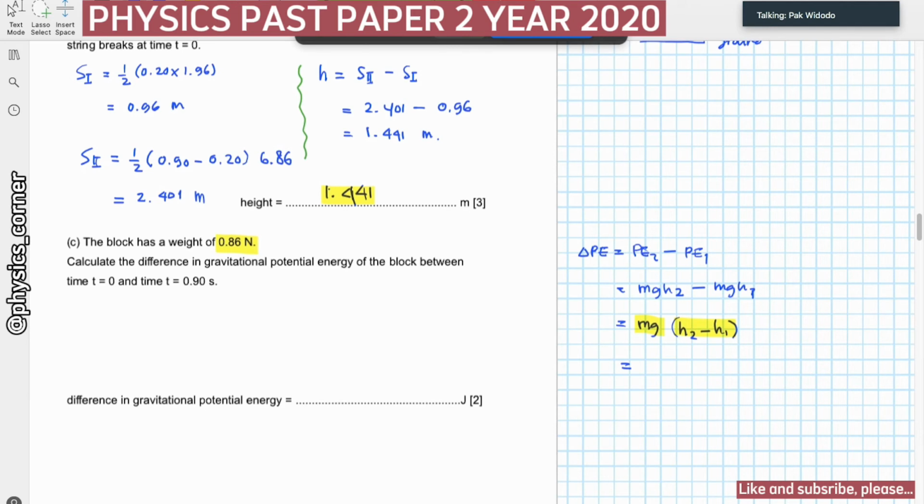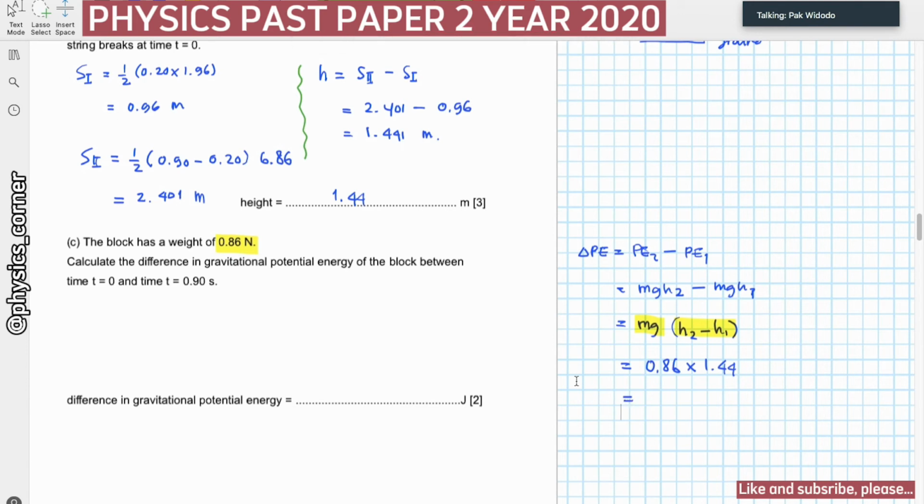So this is equal to 0.86 times 1.441. Actually, this is 1.44 meters.